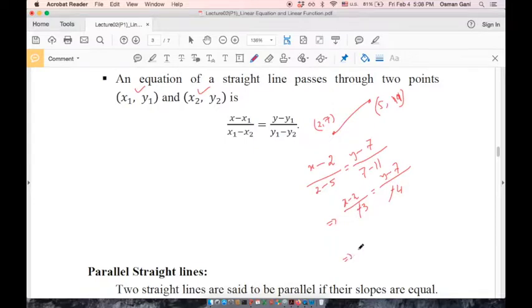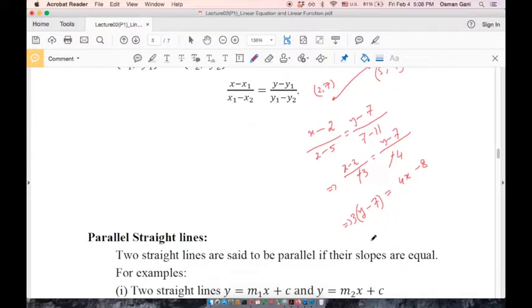Now this implies, by cross multiplication, 3 into y minus 7 equal to 4x minus 8. So this implies y minus 7 is equal to 4 by 3 x minus 8 by 3.